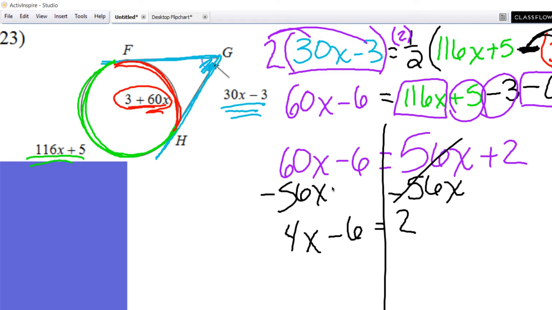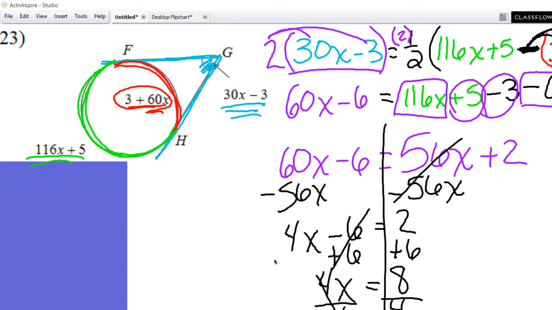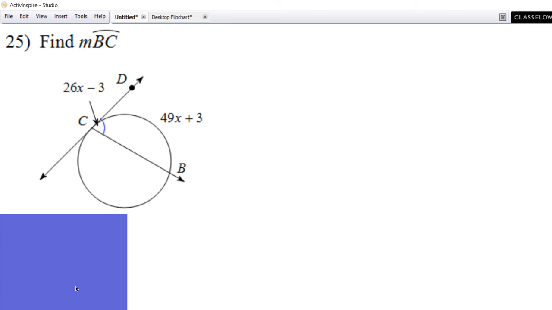Then I need to get rid of the 6, so I'm going to do plus 6, plus 6. It cancels out. So I'm left with 4x equals 8. The last thing we do is divide by 4. So x equals 2. I know, guys, all that work for x to be 2. Let's go to the next problem.